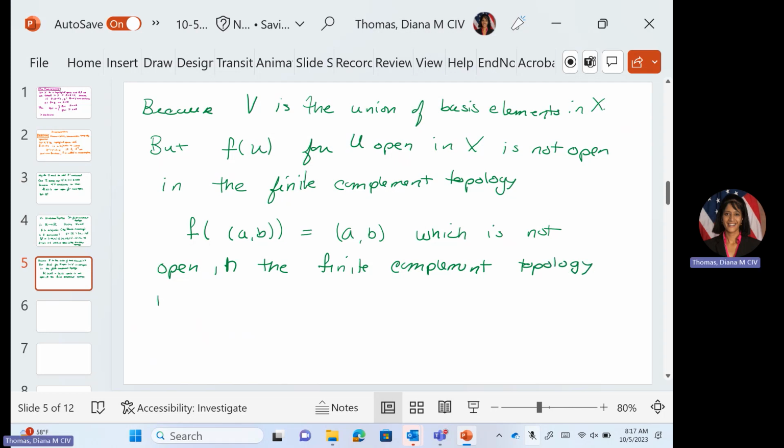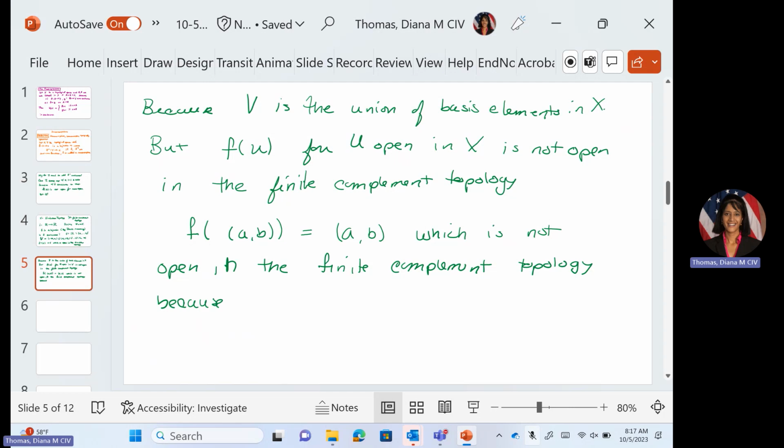Remember, I was reducing down to coming up with this counterexample by thinking: what does it mean for f inverse to be continuous? It means that its inverse, which is f, would have to map an open set to an open set. That's the definition of continuity.